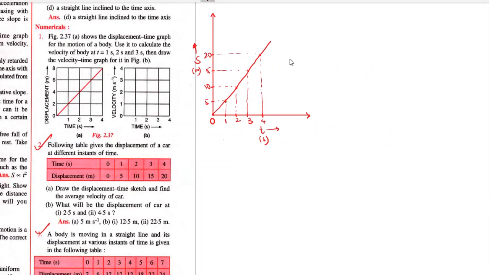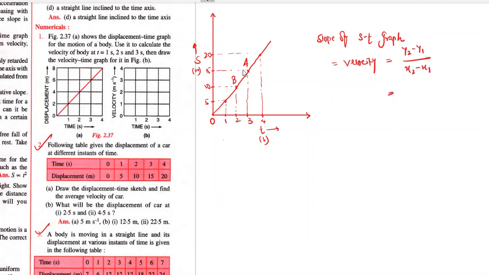For finding the slope, we will require 2 points. Let's take the 2 points as this one, A, and this one, B. Okay, so slope of displacement time graph is equal to velocity, which is equal to y2 minus y1 upon x2 minus x1.